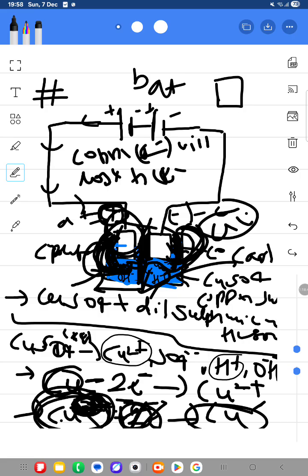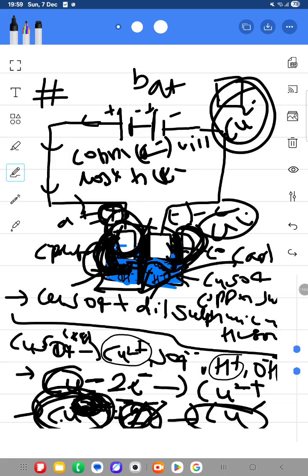So at the beginning of this electrolysis, this copper will lose its electrons, meaning Cu2 plus is formed.